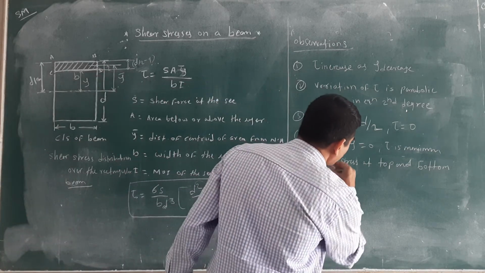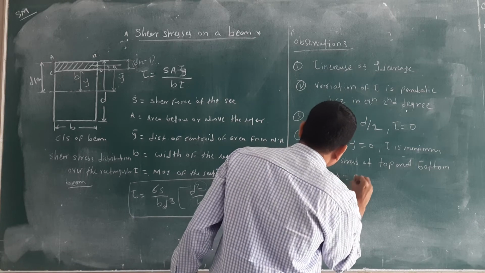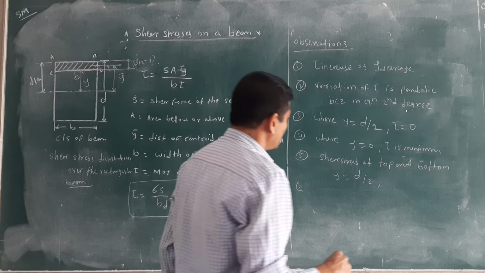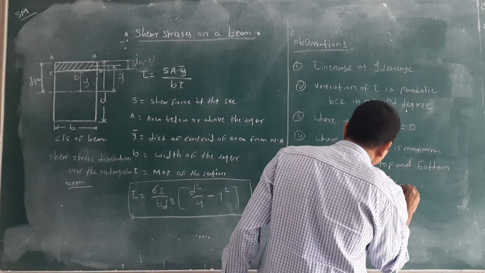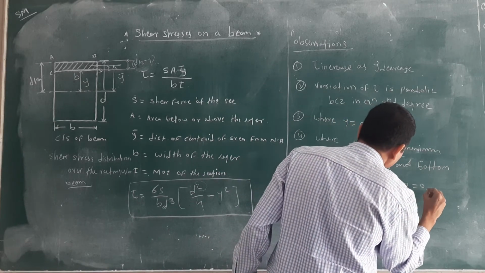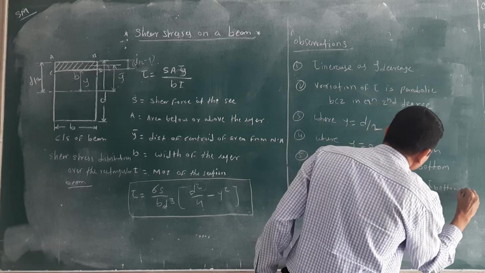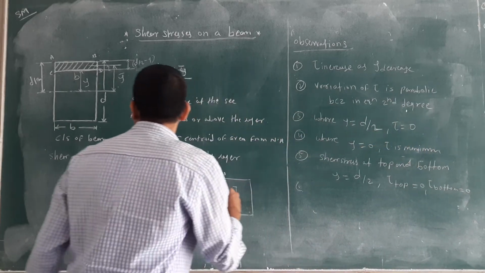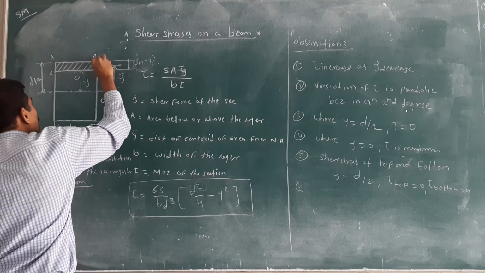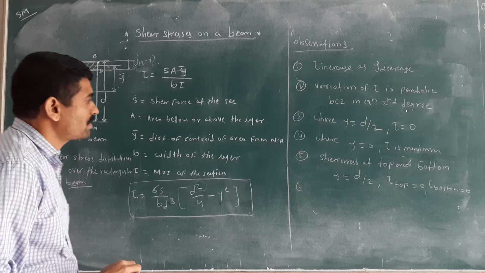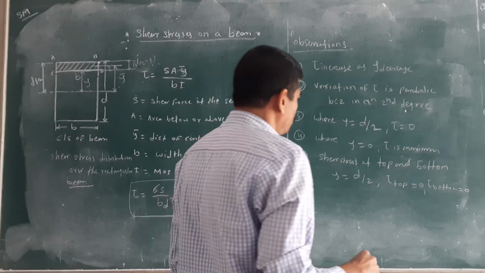So we put y equal to d by 2. Then tau top you will get 0, also tau bottom you will get 0. Means the shear stress at top and bottom you will get 0.